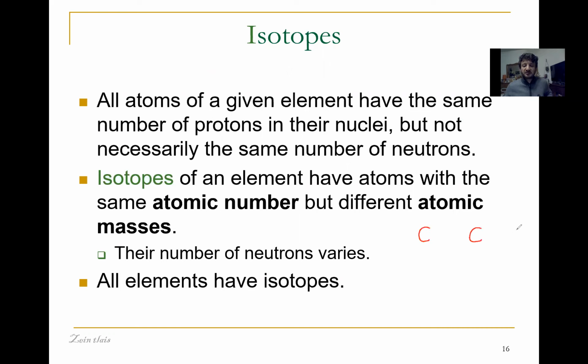We have three isotopes, with the same atomic number 6, but a different mass number. A will be 12, 13, and 14. These are isotopes.